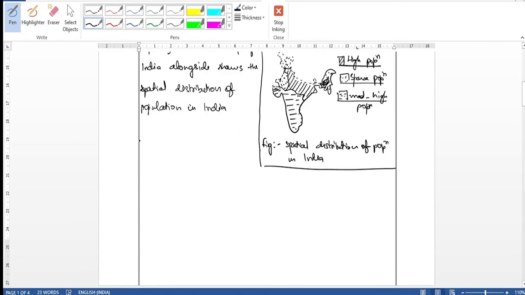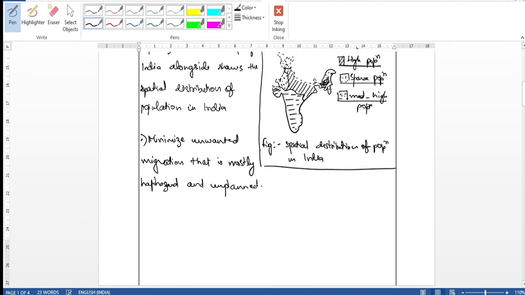Now the third point will be, what are the other objectives? Minimize unwanted migration that is mostly haphazard and unplanned. We'll give an example.